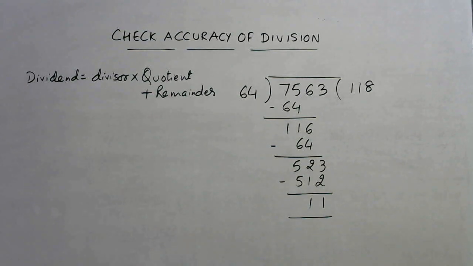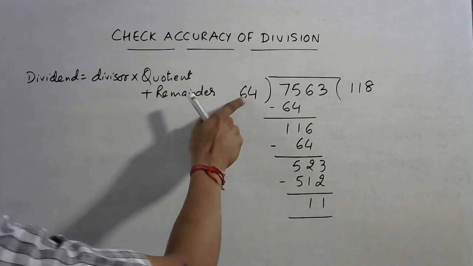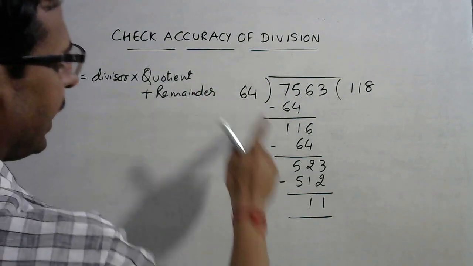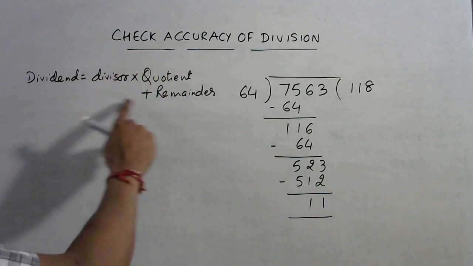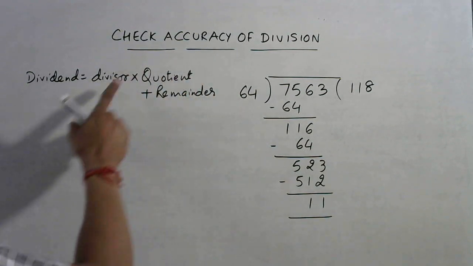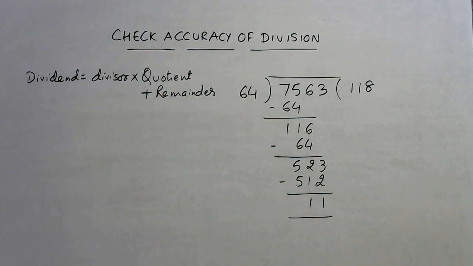Just substitute the values of the dividend, divisor, quotient and remainder here. If simplification of this RHS gives you the LHS, then your division is correct. But again, that is a time consuming process. So all you need to do here is to find the single number for the four things I have written down here: dividend, divisor, quotient and remainder.